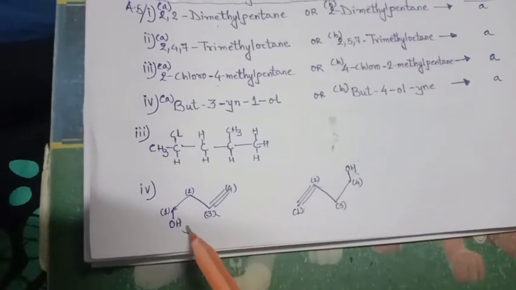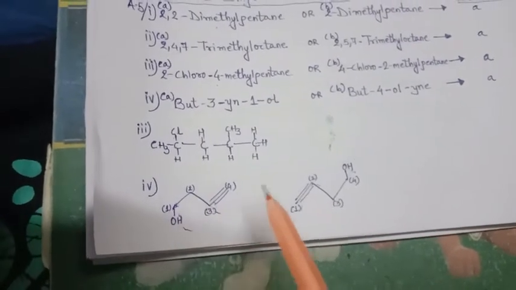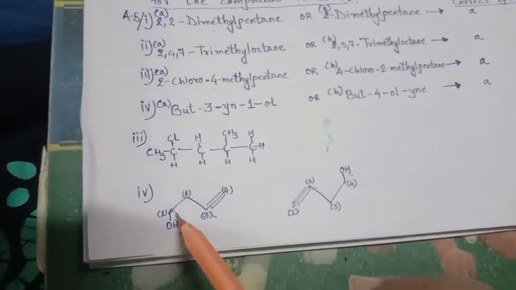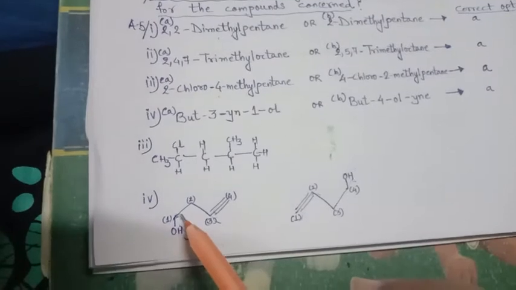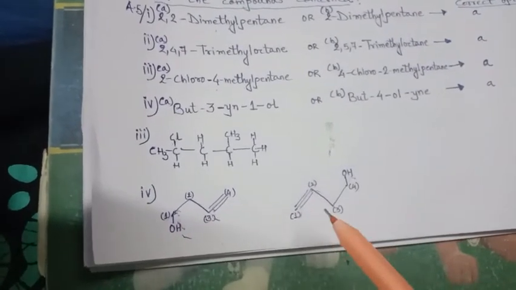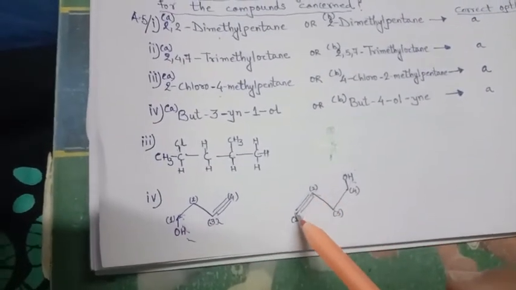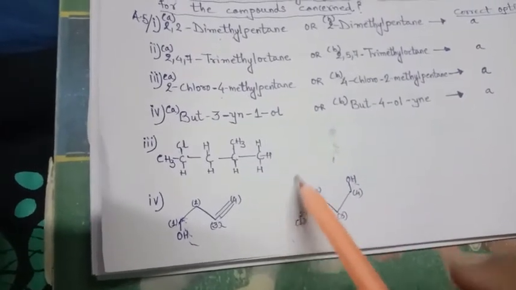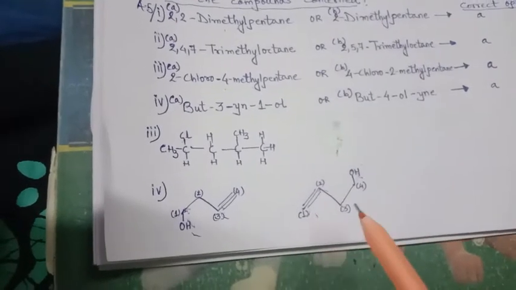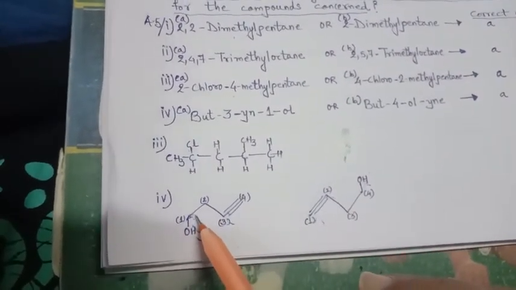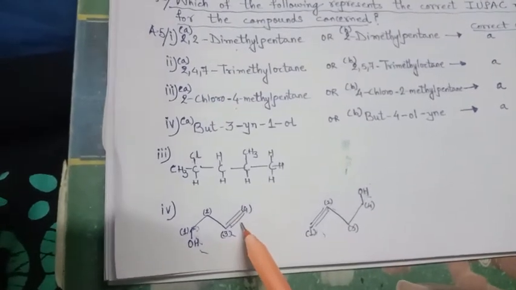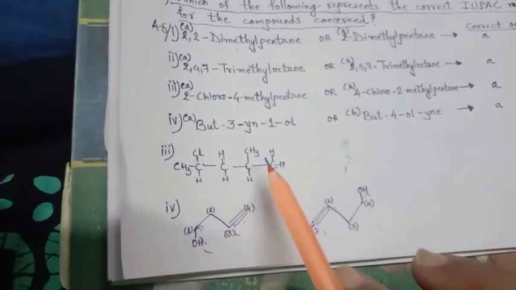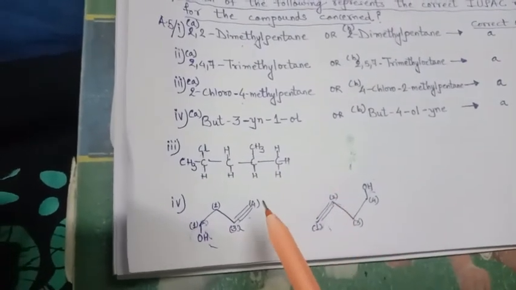Now when the OH functional group is given, then it will only take the first position, right? So the carbon which is attached to the OH will be given the first position. And here what happens? The carbon which has the triple bond along with alcohol is given the first position. So that is not the proper nomenclature rule. The nomenclature rule says that if triple bond and double bond are there, but if a functional group is present, then alkyl group, then triple bond, double bond are given a choice, right?